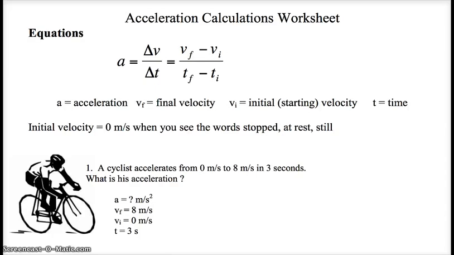So in your notebook, you should already have this page glued down. So go ahead and find this in your notebook. The top of the page, we have acceleration is equal to change in velocity divided by the change in time. And to break that down, basically that means what's your final velocity subtracted from your initial velocity.